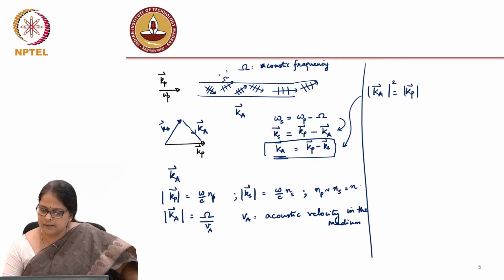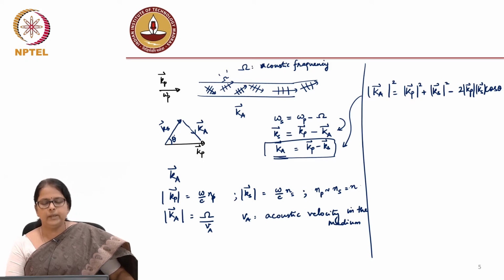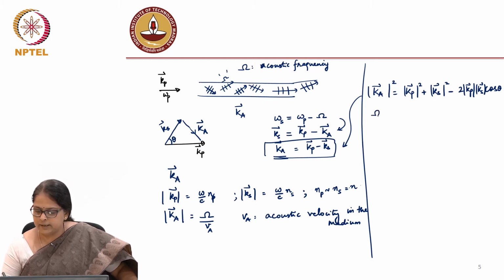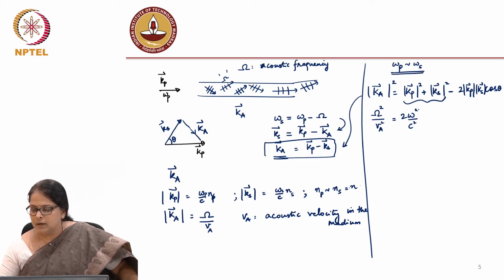It should be the magnitude of Kp squared plus Ks squared minus 2 times the magnitude of Kp times the magnitude of Ks times cos theta, where theta is the angle between Kp and Ks. This is simply applying the triangle law of vector addition. So I can just substitute these numbers. I get omega squared by Va squared equal to omega squared by c squared, twice of that, because this is omega p and this is omega s, and I am assuming omega p is approximately equal to omega s. Again, I will tell you why this is still true.